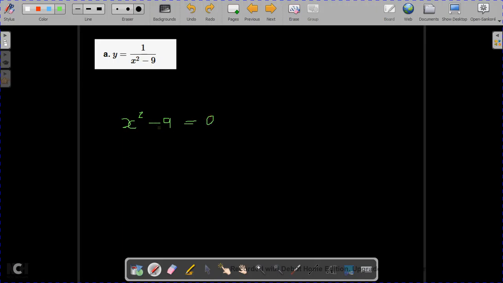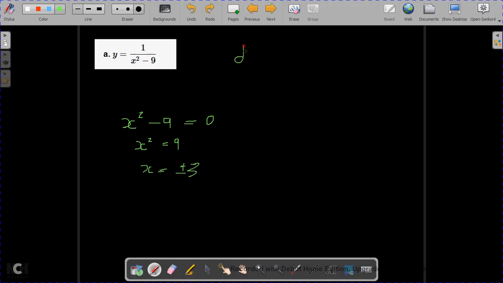So x squared take 9, plus 9 on that side, you'll have x squared equals 9. Square root of that, so x is equal to plus or minus 3. So it's defined for all points except for those 2 points.